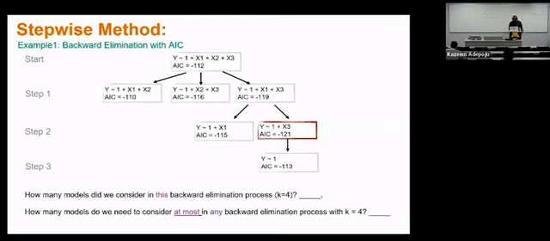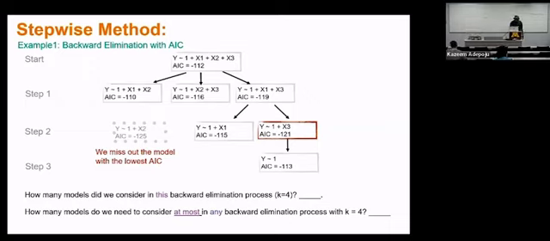Actually, the best model is the one that has the smallest AIC, which is X2. So this means the approach can skip the best model at times, and that's why we need other approaches.